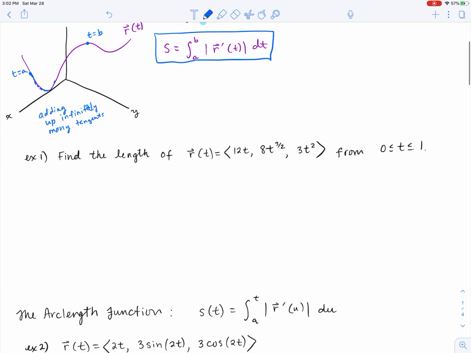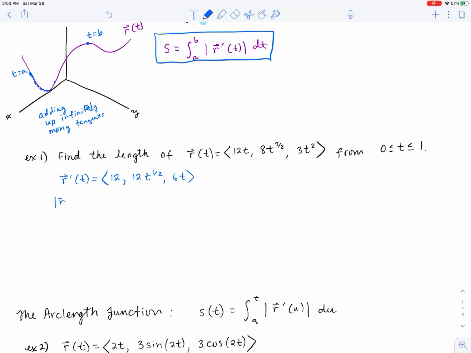For this first example, find the arc length of r of t from t equals 0 to 1. If you want to try it, go ahead and hit pause. All we need to do is find first the derivative, which is 12, 12t to the 1/2, 6t.